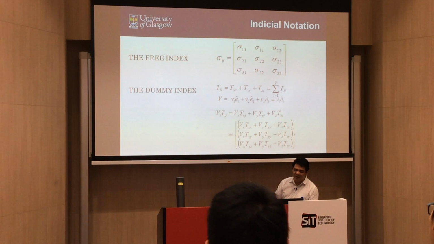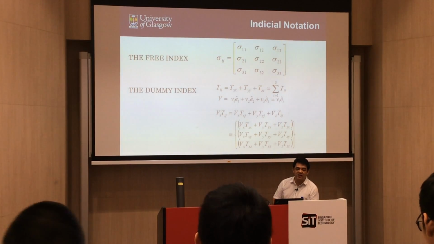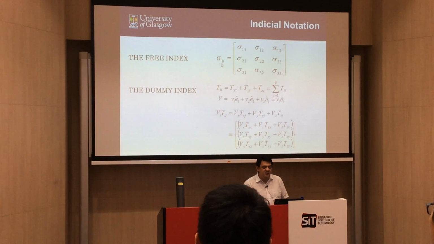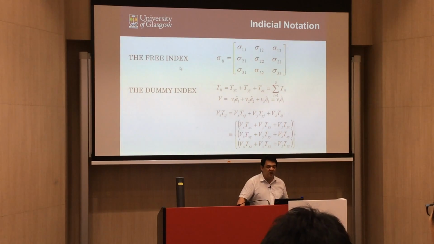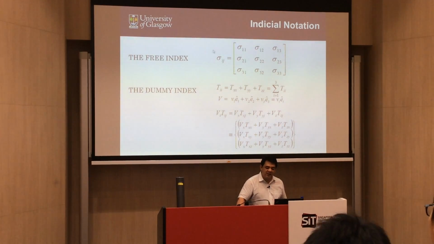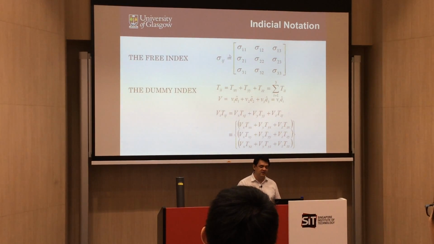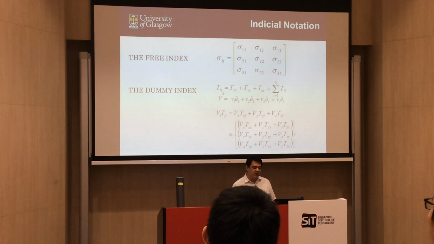As you can see, we have free index and dummy index. A free index is independent, with no repetition; i and j are free indices. At the moment just accept it, we will have more examples for you to understand. A dummy index, for example this one here: if it's repeated, normally it is a dummy index.